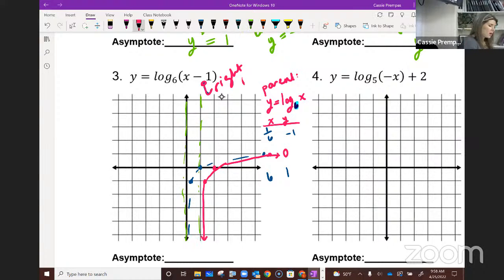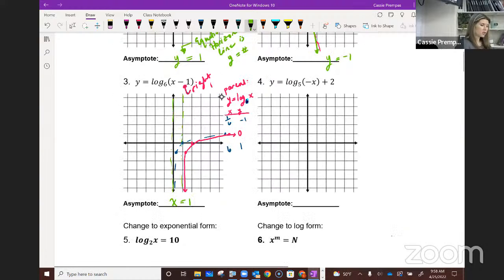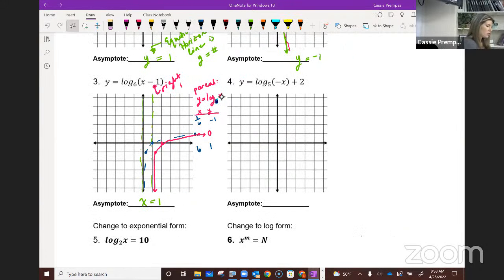So I can go ahead and write down that the asymptote will be at x equals 1. All right, try the next one on your own. See if you can determine the parent graph and good points to use. Number 2 is y equals -1.